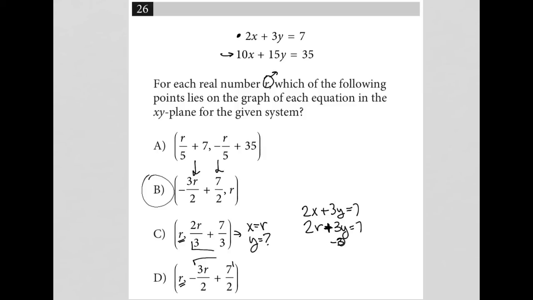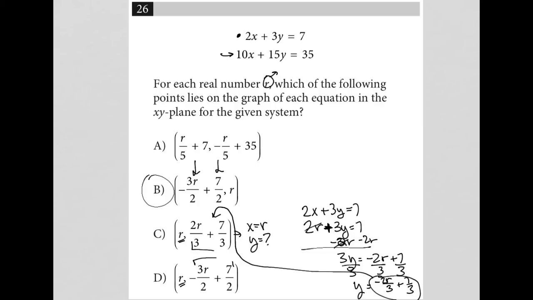So I'm going to subtract 2r from both sides, and I'm left with 3y equals negative 2r plus 7. I divide everything by 3 in order to isolate my y, and I have y equals negative 2r over 3 plus 7 over 3. And is that what choice C says? No, it's close, right? We have a positive 2r over 3 instead of a negative 2r over 3, so that's out. And then choice D, we have negative 3r over 2 instead of 2r over 3, so that's out, right?